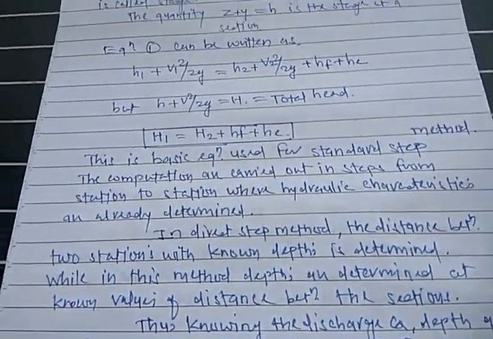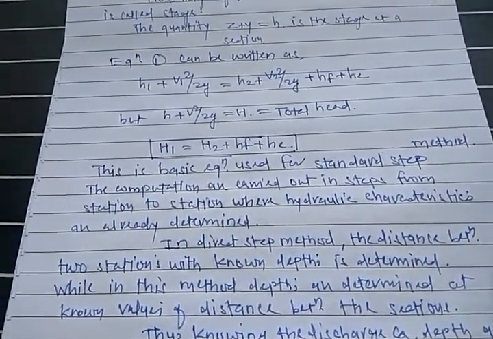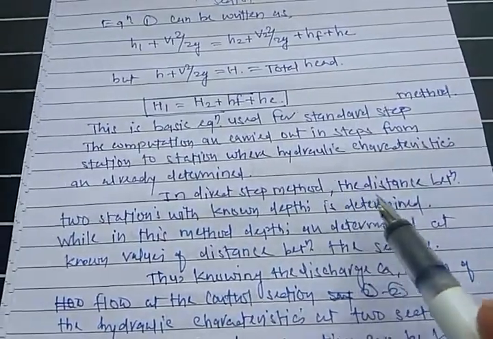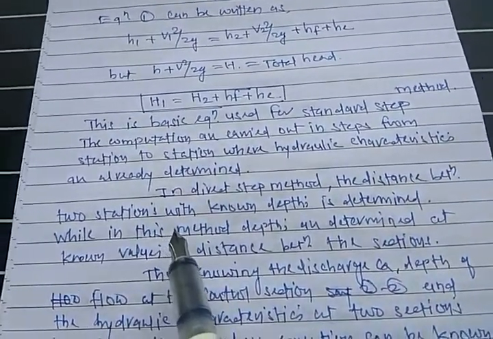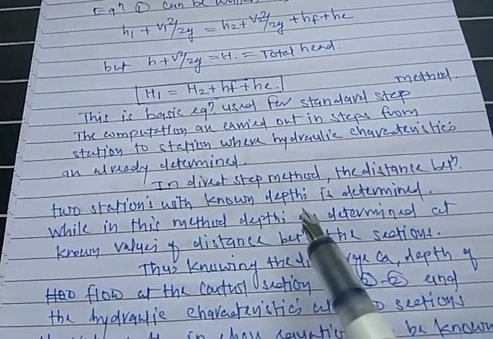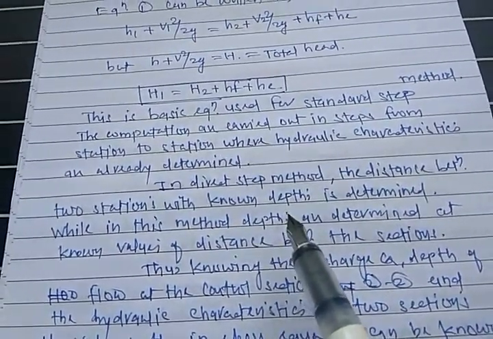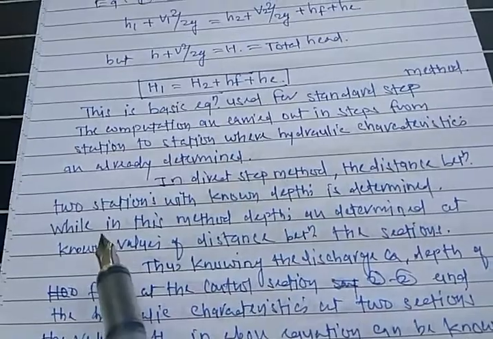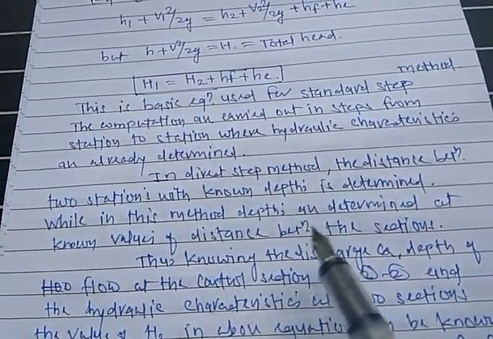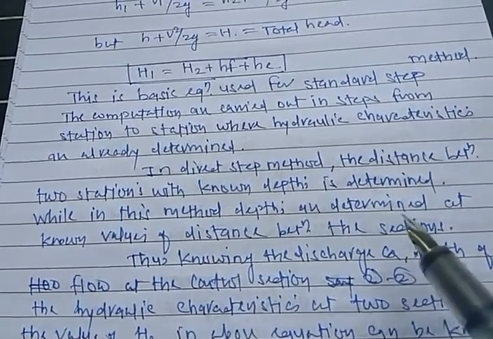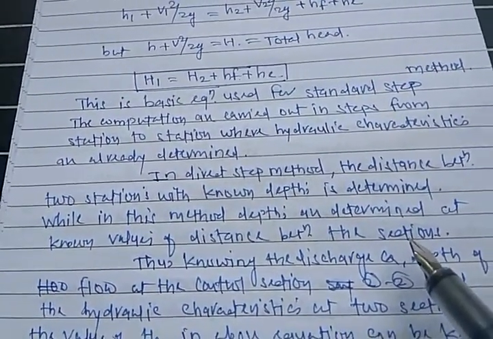Now this is the difference between the standard step method and the direct step method which we talked about earlier. In the direct step method, the distance between two stations with known depth is determined. So the distance is determined and the depths are already known. While in this method, depths are determined at known distances between the stations or sections.